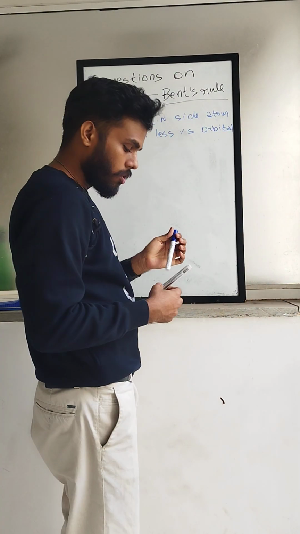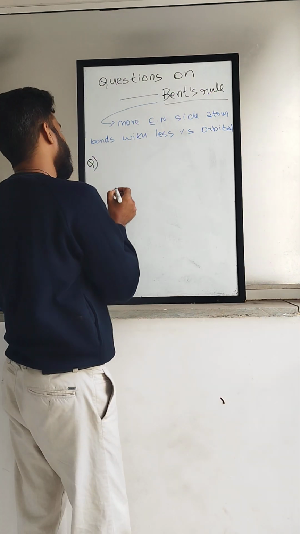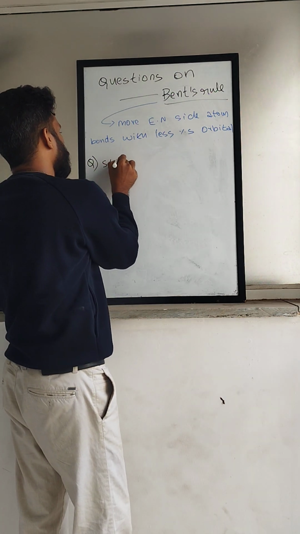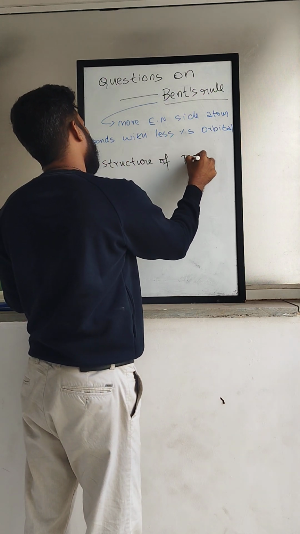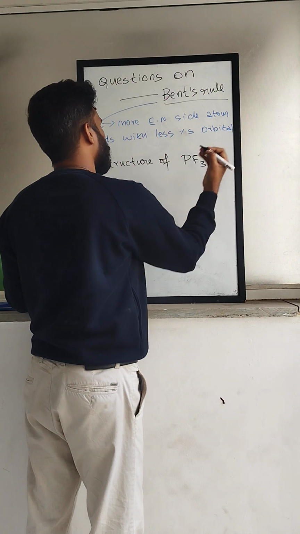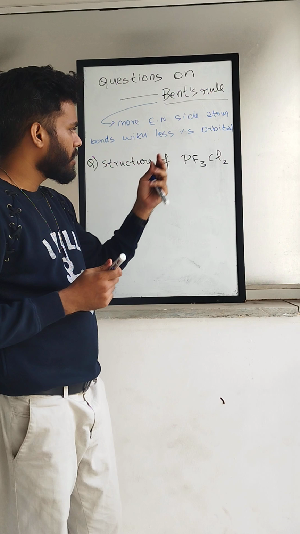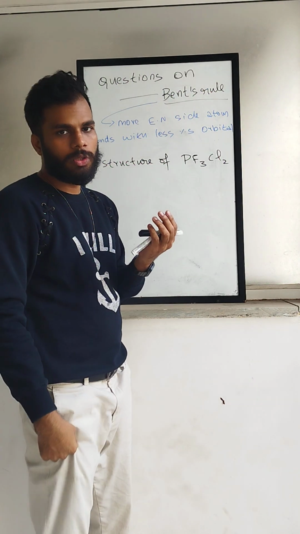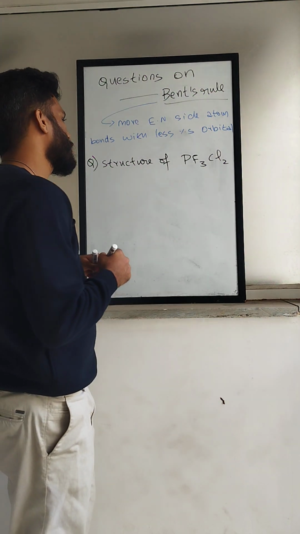One of the very common questions that you might have seen in a previous year question paper is the structure of PF3Cl2. Now you know in PF3Cl2, fluorine and chlorine are both monovalent atoms, so they make one bond each.